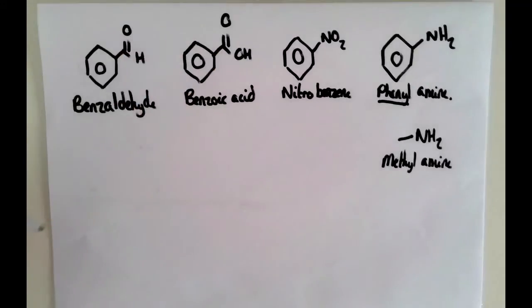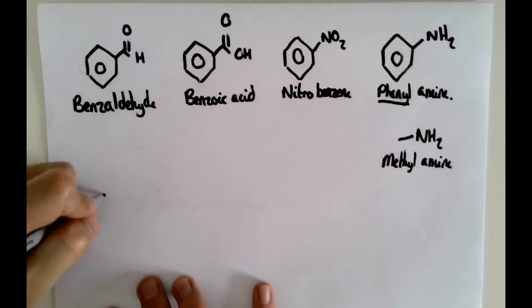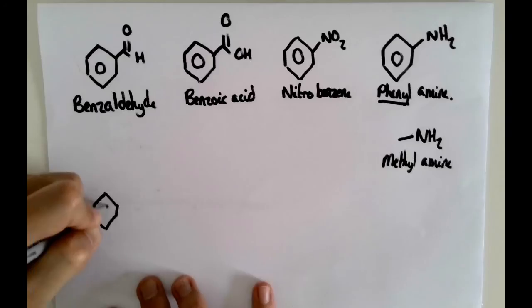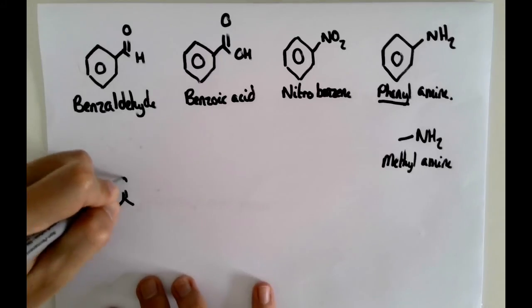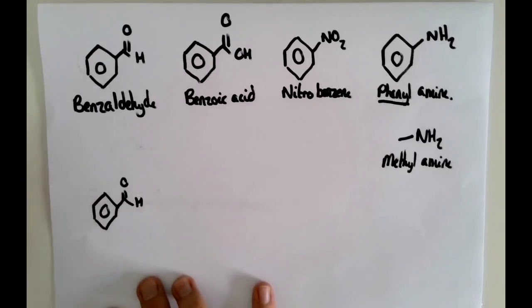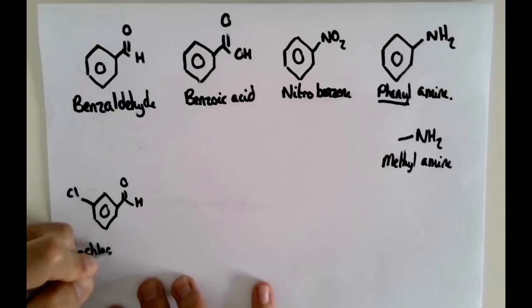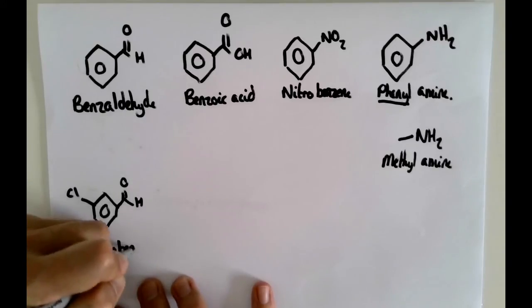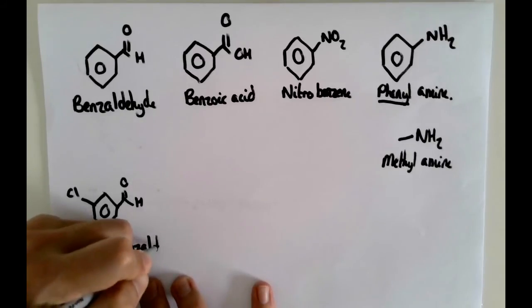So let's just do maybe one example for each of naming these things. So there's benzaldehyde, and let's say we've got chlorine coming off there. This would be 1, 2, 3, so 3-chlorobenzaldehyde.